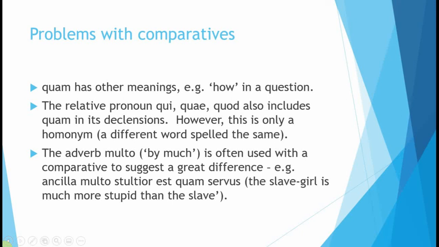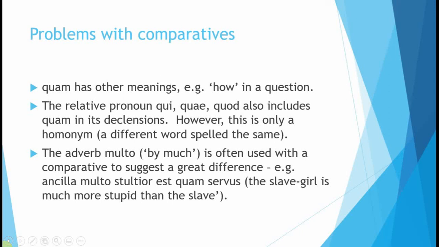But it's a different word that's spelled the same. It's not actually the same word, sort of like lead and lead: lead, the metal, and to lead somebody, or a dog on a lead as well.